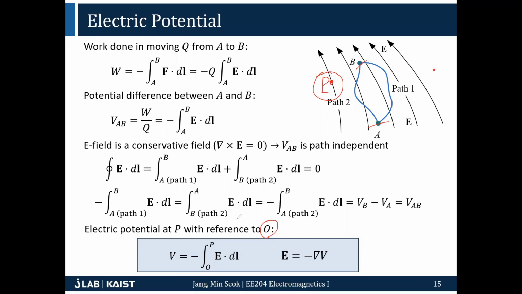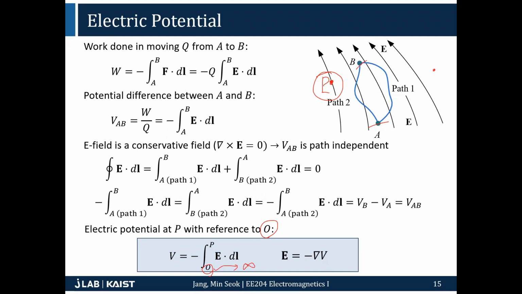But there is a convention. When we say electric potential at point P, we assume there is a potential reference, and this potential reference is often set as infinity.